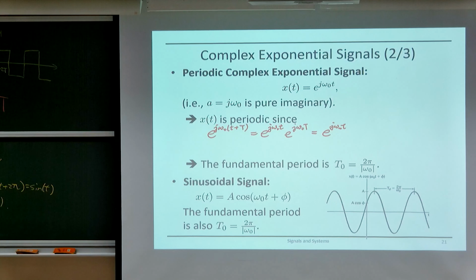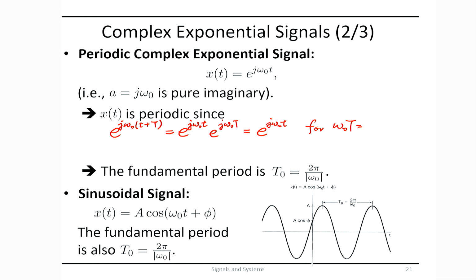So this would be equal to 1 for omega naught T that is some integer multiple of 2 pi, or that T is an integer multiple of 2 pi over omega naught.